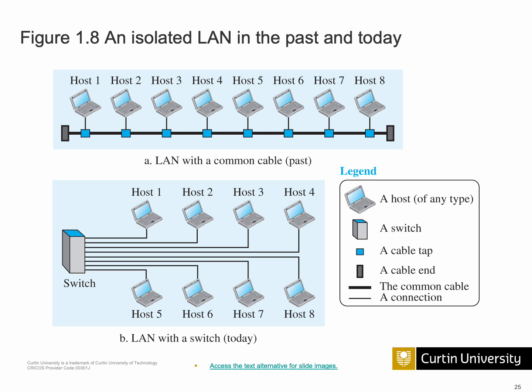You can see in this figure an isolated LAN in the past and today. If LANs are used in isolation, which is very rare today, they are designed to allow resources to be shared between the hosts.